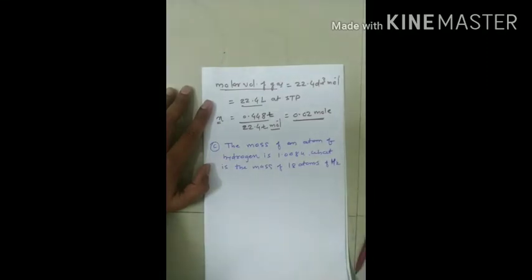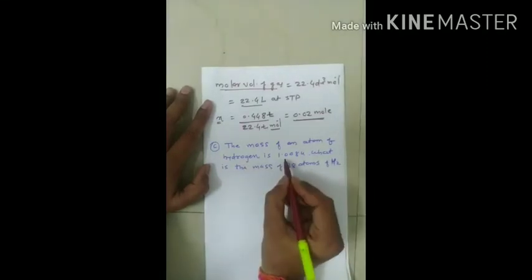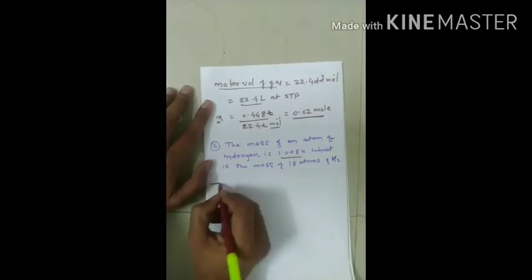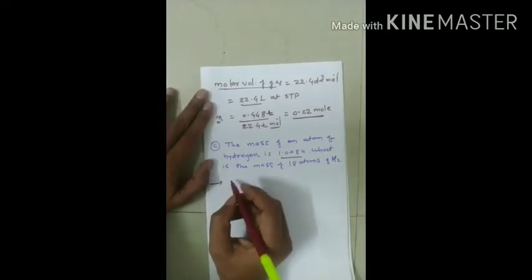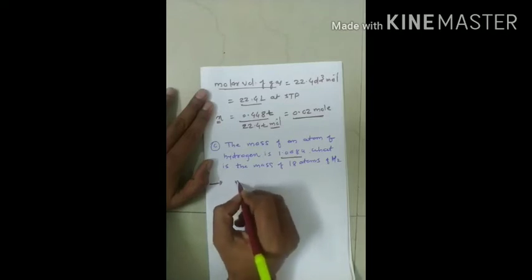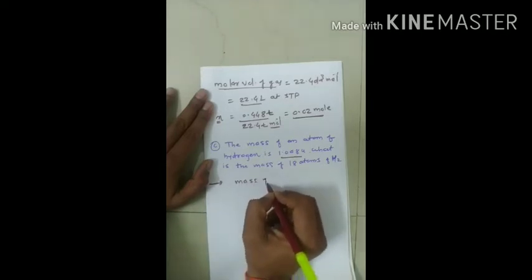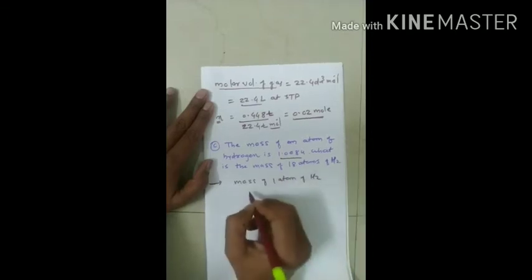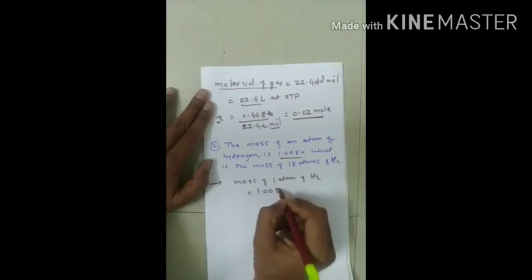The question is like this: the mass of one atom of hydrogen is given, and we have to find the mass of 18 atoms. Very easy question actually. Mass of one atom of hydrogen is 1.008 U.